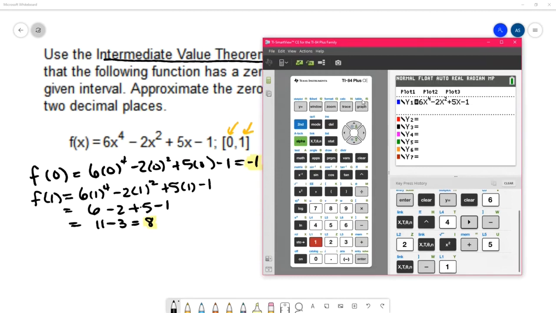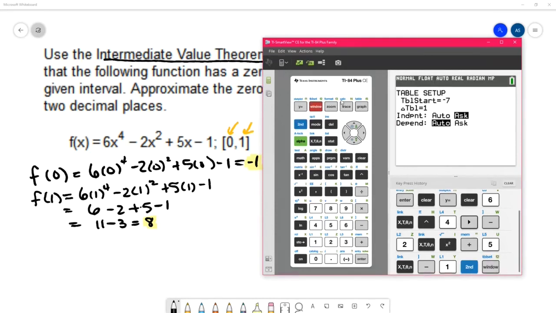And I'm going to use the table feature in my calculator. So I need to set this table up so it works properly. And I've got in here table start. So I want my table to start at 0, and I'm choosing 0 because that's the interval we're working with.